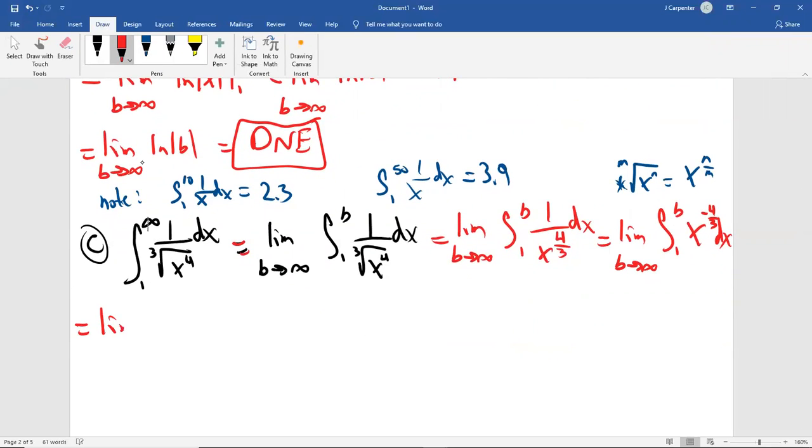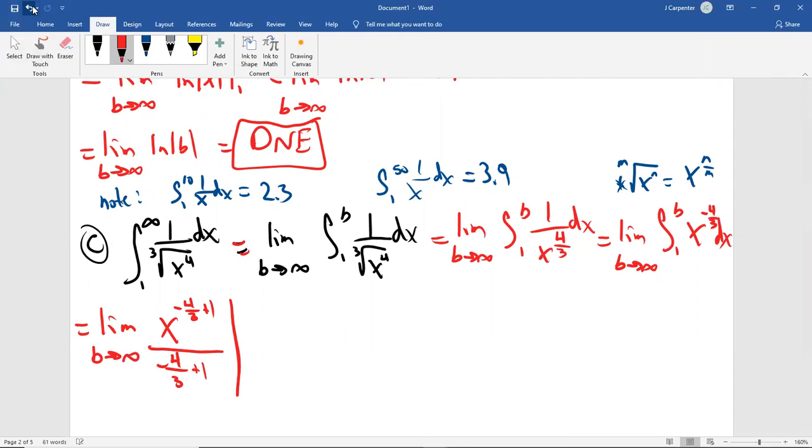So this will be the limit as b goes to infinity. No more integral symbol because I'm actually going to integrate. Add 1 to that, so that'll be x to the negative 4/3 plus 1 divided by literally the same math, negative 4/3 plus 1. I don't need a plus c because we're doing an area.